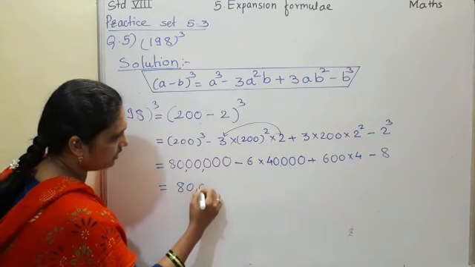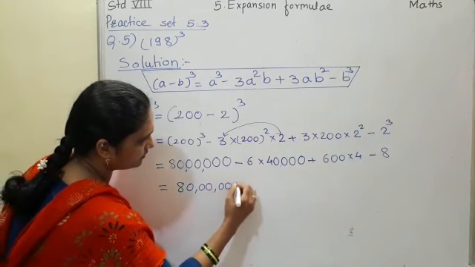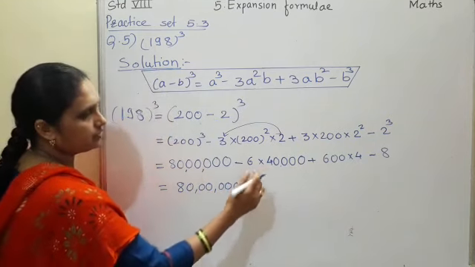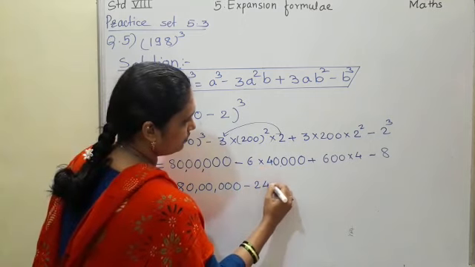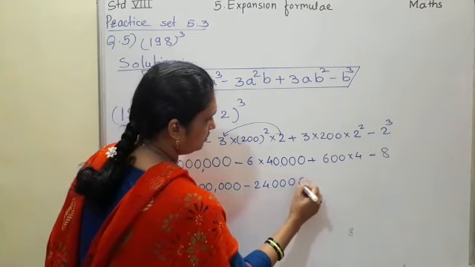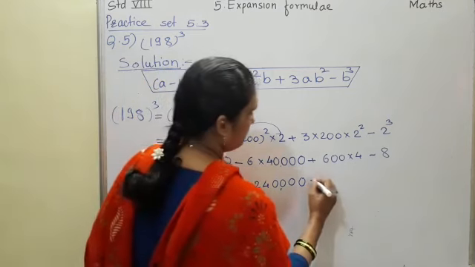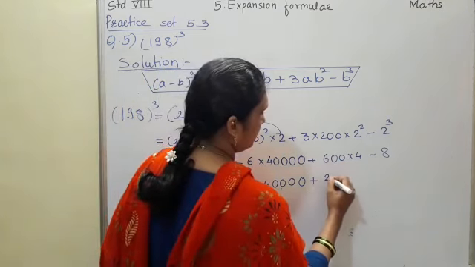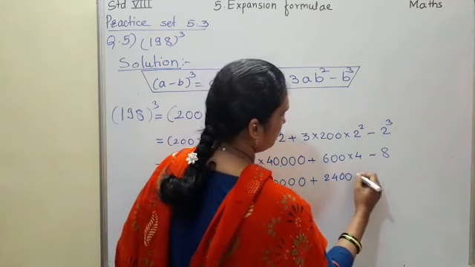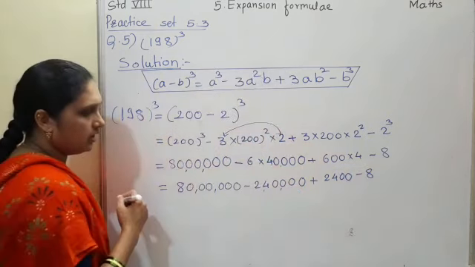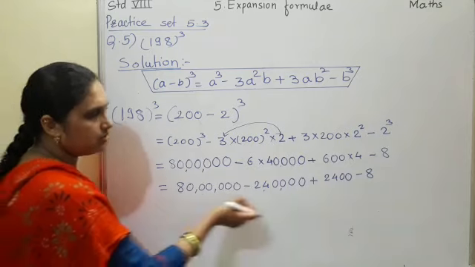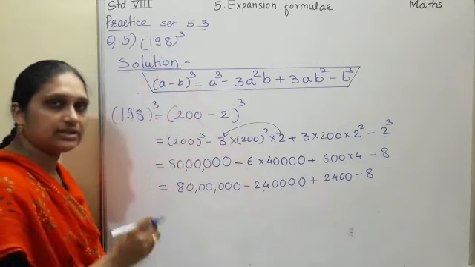This is 80 lakh minus 6 4s are 24, 1, 2, 3, 4. So this is 2 lakh 40,000, plus 6 4s are 24, 00, minus 8. Now we'll do the same sign addition.